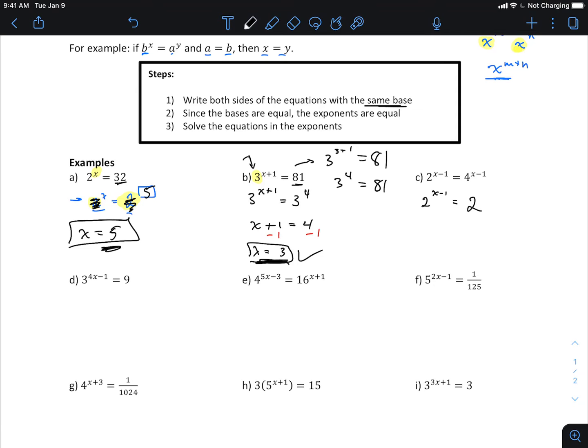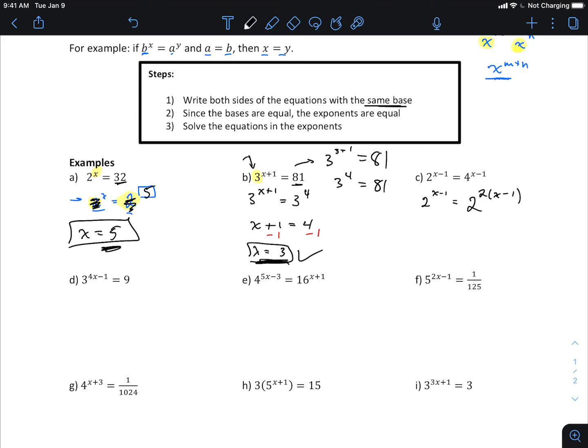Two squared gives me 4, right? Now that's 2 with the 2 above it. So now, here's the problem, and this is what's new about this particular question. You can't get rid of the exponent. You got to rewrite it there.